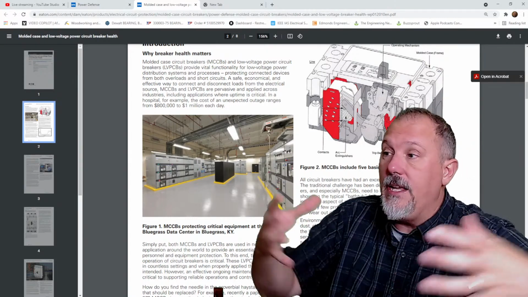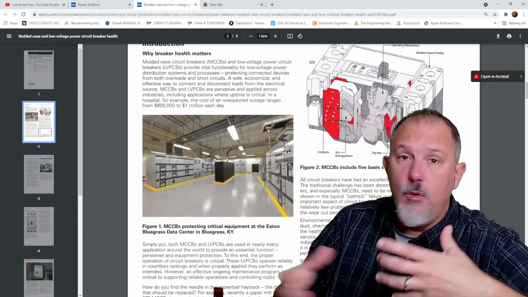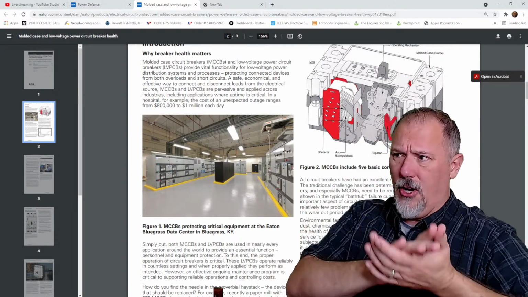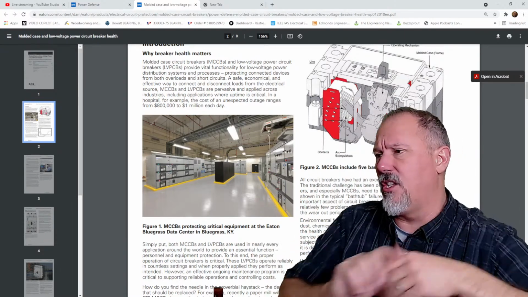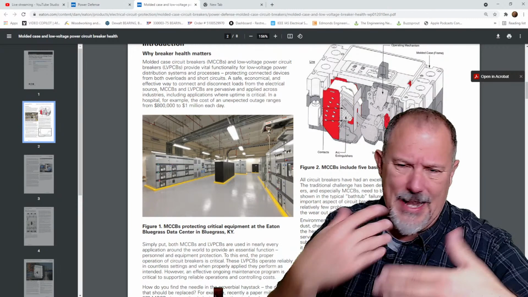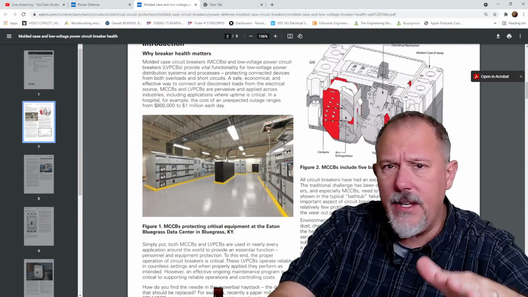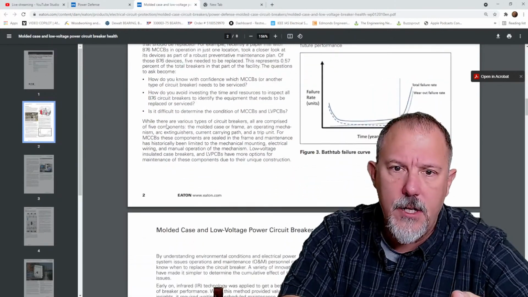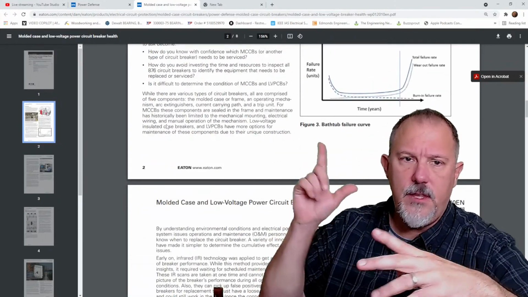It's a molded case. You've got a lot of different moving parts in there. You've got arc extinguishers. You've got contacts. You've got a physical arm that has to open. You've got latches. So it is a physical device.